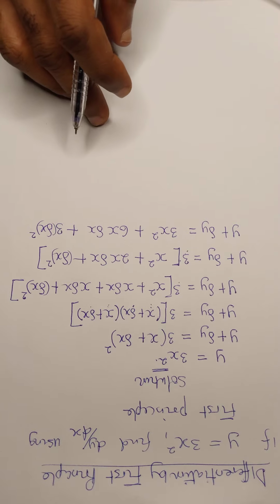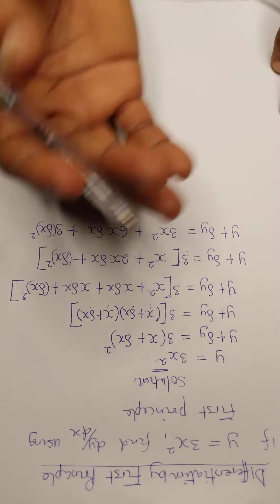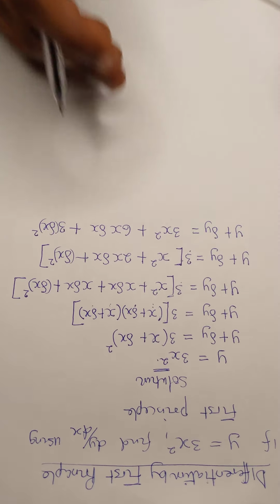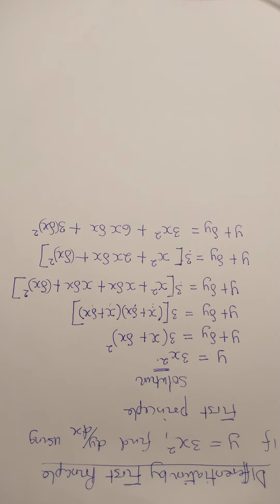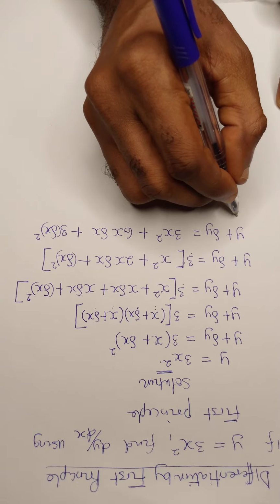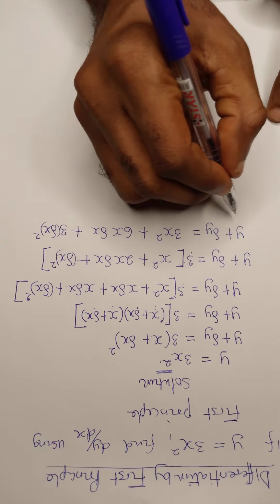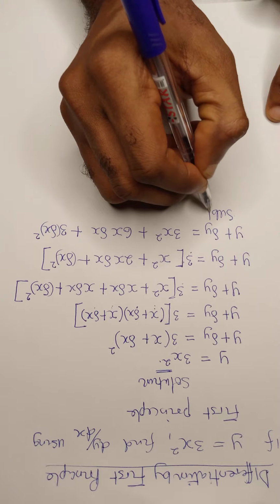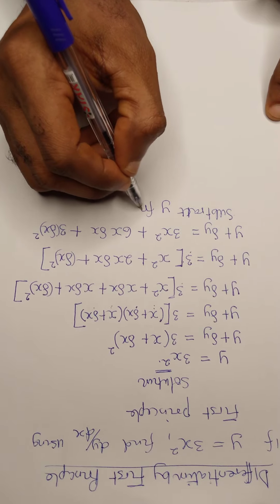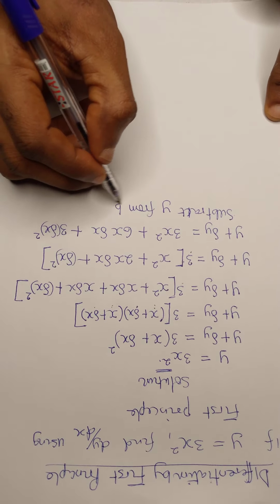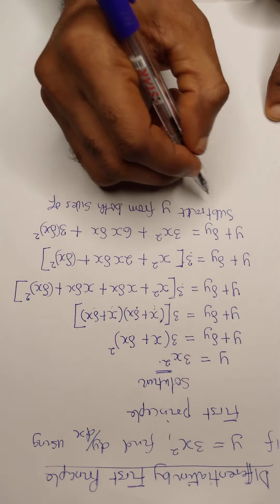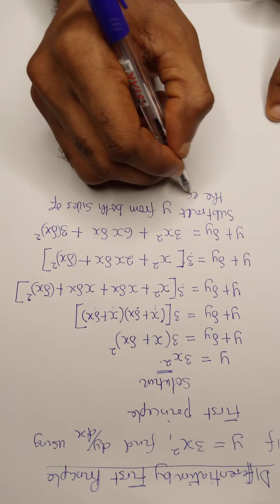Okay, and so having done this, because we are looking for dy/dx, let's move y to the right hand side of the equation, or we can say subtract y from both sides of the equation. Whichever way you want to do it, it will still give you the answer. So we say subtract y from both sides of the equation.